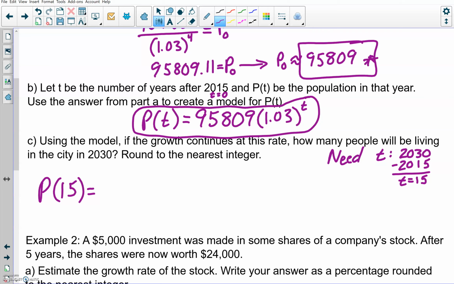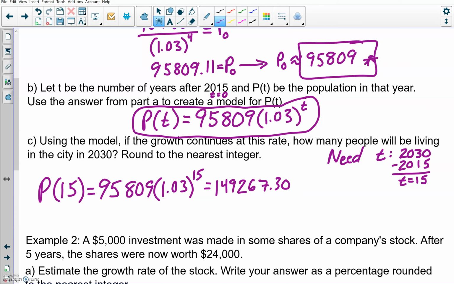So you plug in this 15 into the power. Just write everything else down first. And when you work that out, you get 149,267.30, which is approximately 149,267. So you get your population here, you round it to the nearest integer, and you're done.